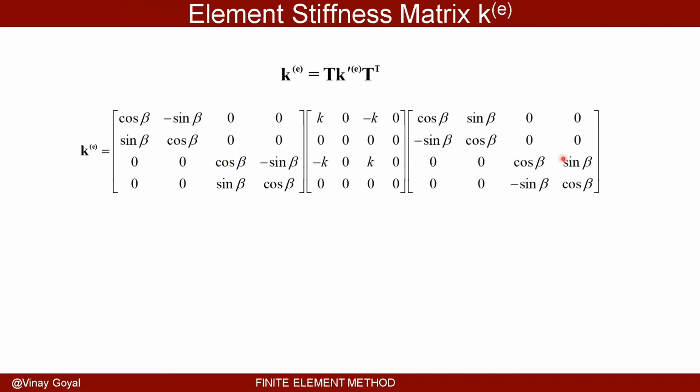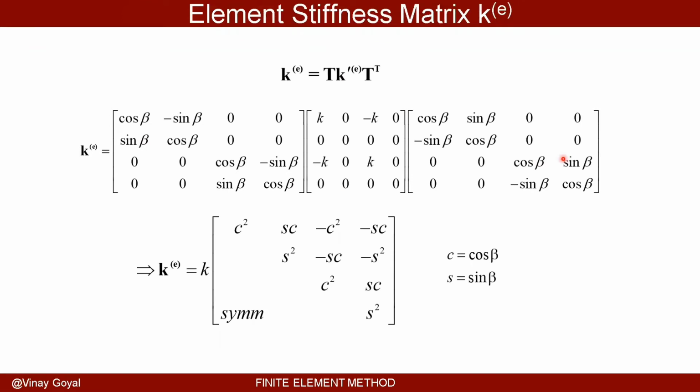So if I multiply this whole thing out, I get the element stiffness matrix for a truss in the global coordinate system. When you see C here, that's cosine, and when you see S, that's sine. So that's cosine squared beta, sine cosine, and so forth. And you can see here K is the stiffness of that single truss element, which is EA over L. We already covered that. We discussed where that comes from.